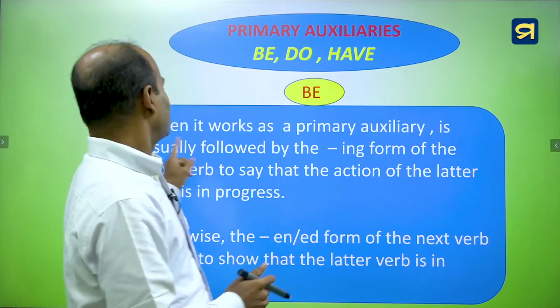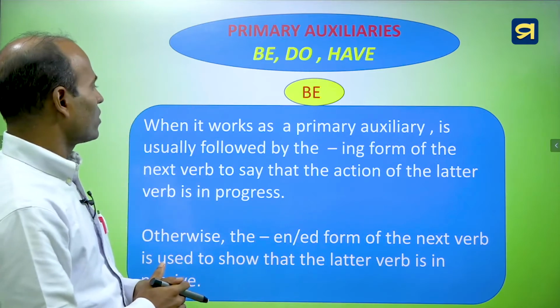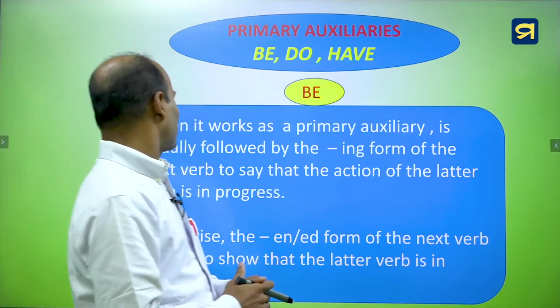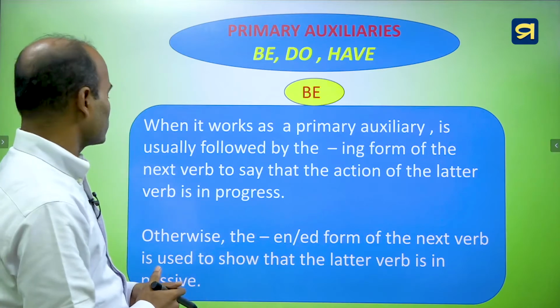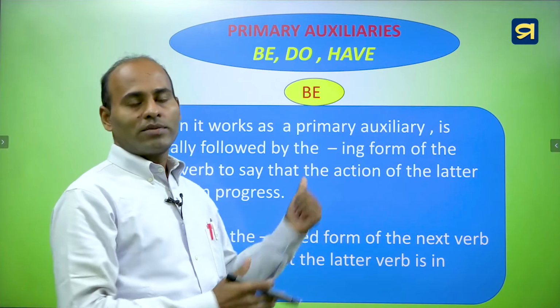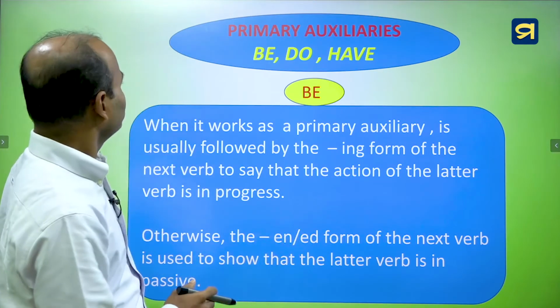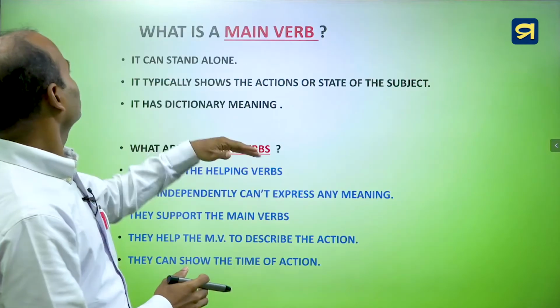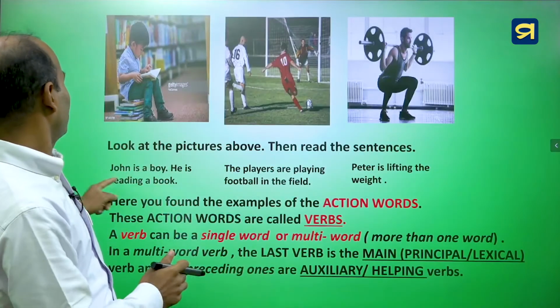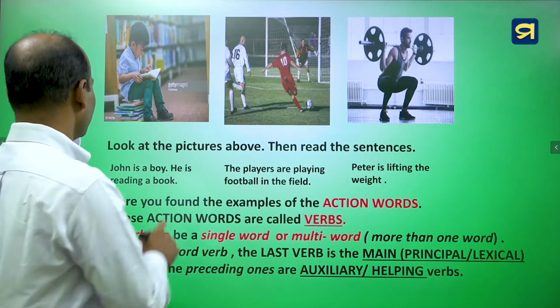Have a look at it. When it works as a primary auxiliary, it is usually followed by the ing form of the next verb to say that the action of the latter verb is in progress. You might have seen here, John is a boy. Here you can see that John is a boy and he is reading a book.